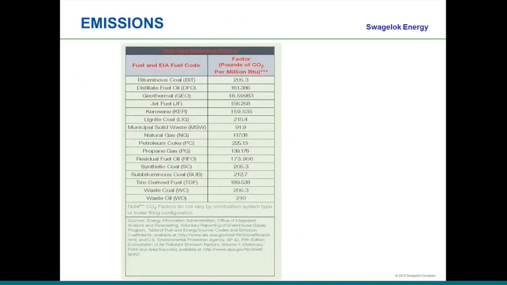Here is a chart I pulled out from EPA, and I have a lot of information from the EPA on CO2, NOx, SO2, mercury, other emissions derivative from the fuels being burnt in the boilers that generate the steam. So if I was burning coal, the factor for CO2 per million BTUs is 205 pounds. If I was burning natural gas, it would be 117 pounds of CO2.